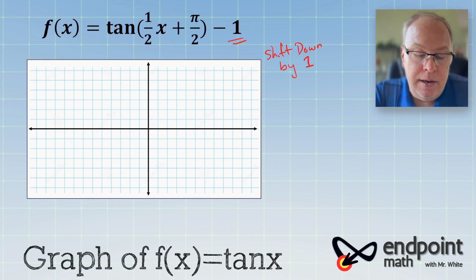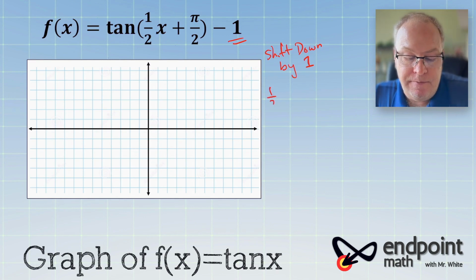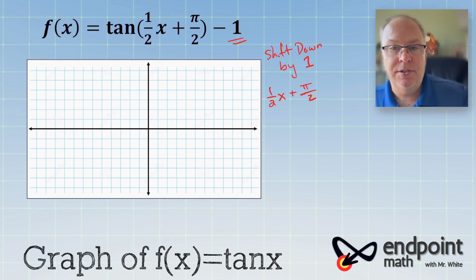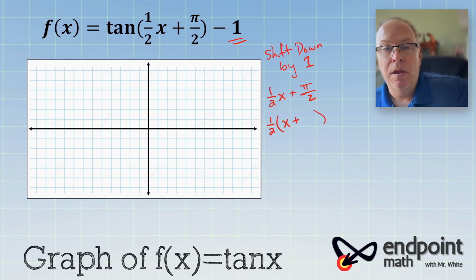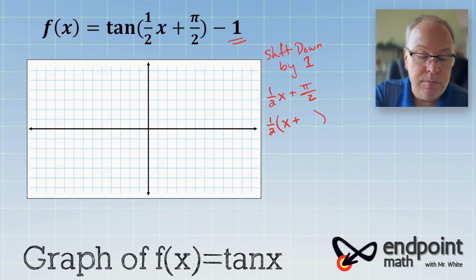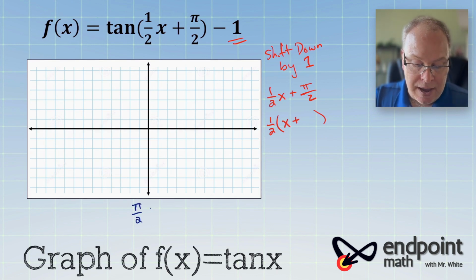All right, so inside, you have to factor this. You have to divide out the 1/2. And I did this on purpose because a lot of students freak out about the fractions. So we're going to divide 1/2 out, and we get x plus what? Well, if you're not sure, you can always go to some scratch paper and do this. I'm starting with pi over 2, and I'm dividing out 1/2.